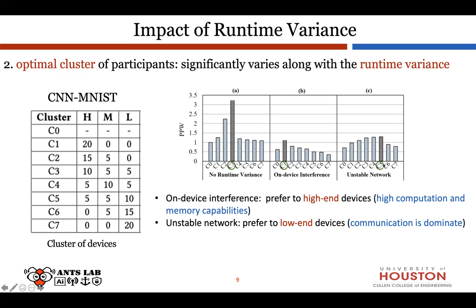But when the network is not stable, we prefer low-end devices because in this case the communication is dominant. So the impact of the performance gap among different categories of devices decreases along with the decreased portion of computing time. This is their second observation, the impact of runtime variance.